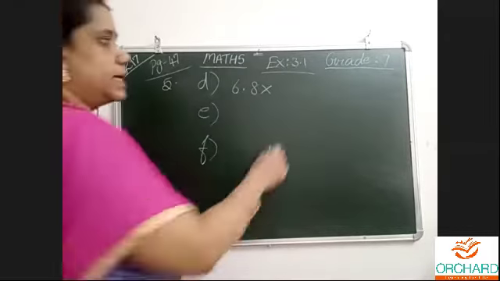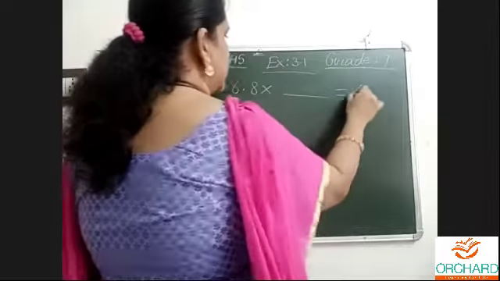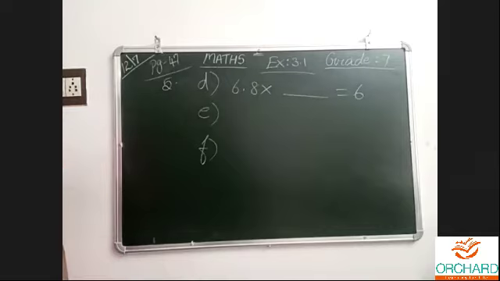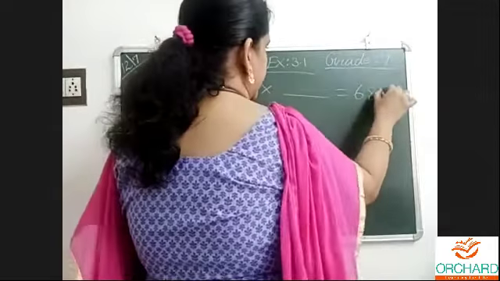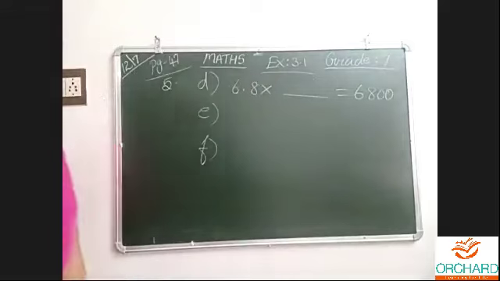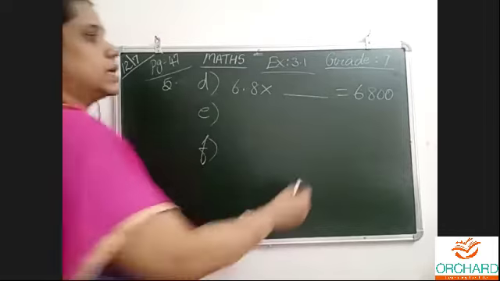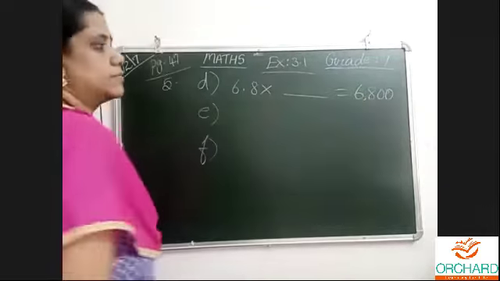6.8 multiplied by dash is equal to 6,800. For A, they have given simply a comma.